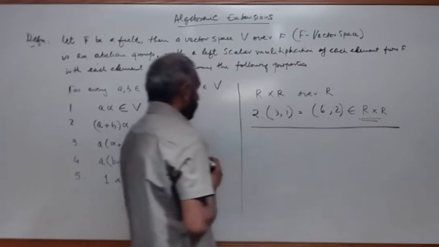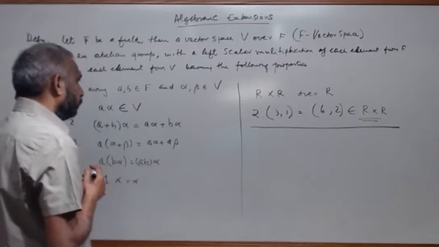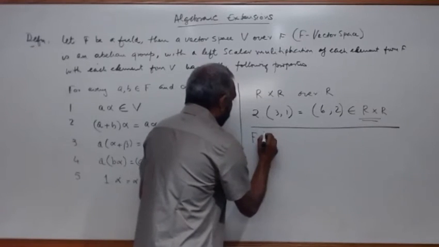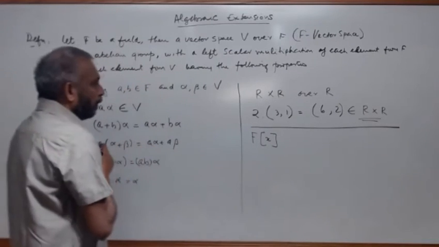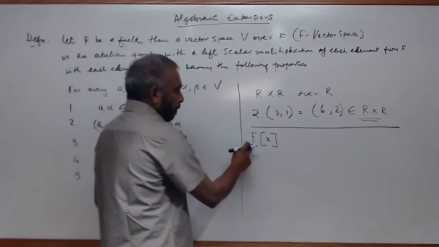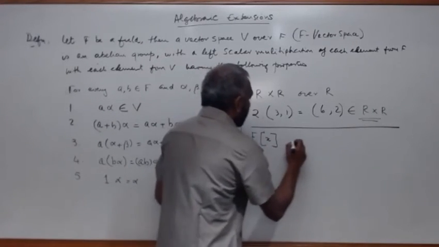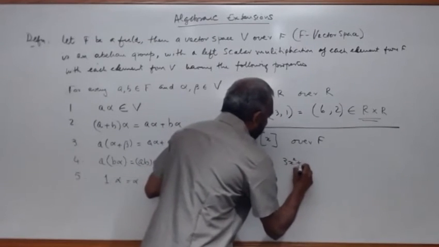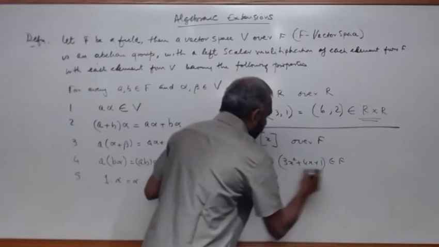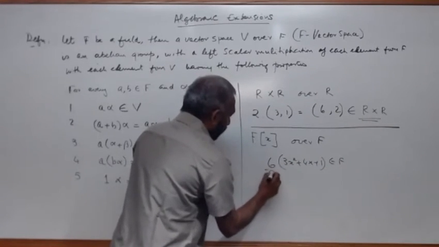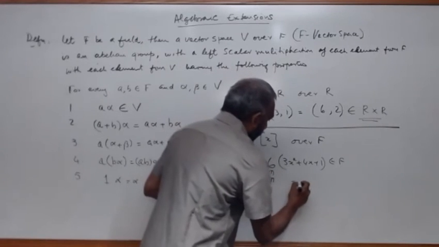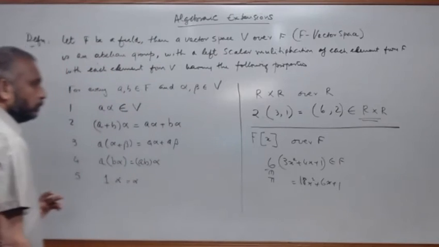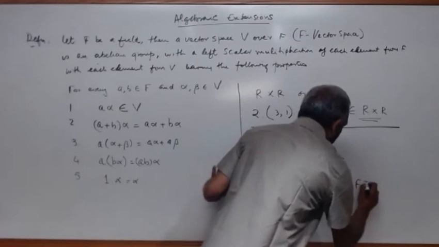Another vector space is if you take the polynomials over a field F, then this is a vector space over F. Because if you take an element, let's say 3x squared plus 4x plus 1, in F[x], this times a scalar 6 from F gives 18x squared plus 24x plus 6, and that belongs to F[x].